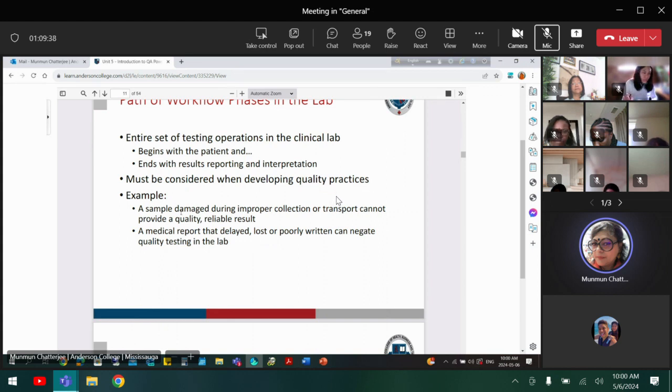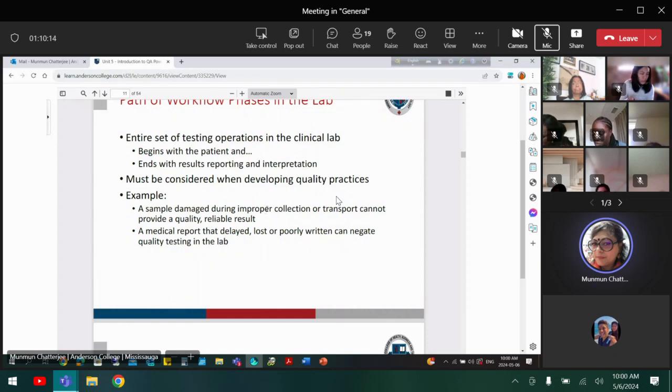For example, damage during improper collection or transport cannot provide a quality or reliable result. Say you are getting a urine or any body fluid and it has leaked. Is that going to give you the proper result?